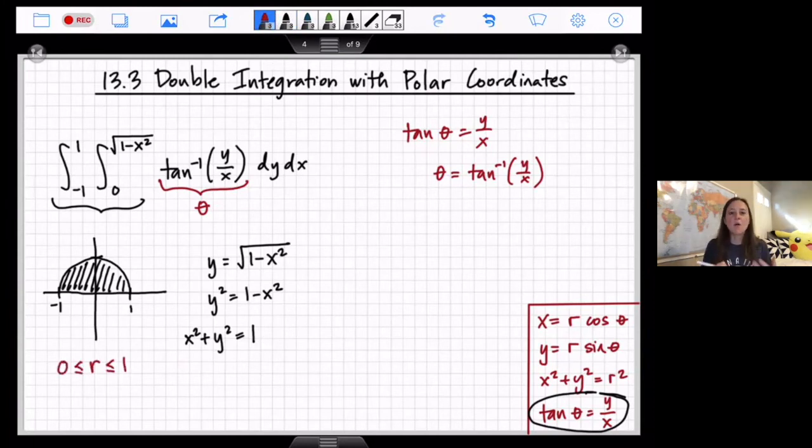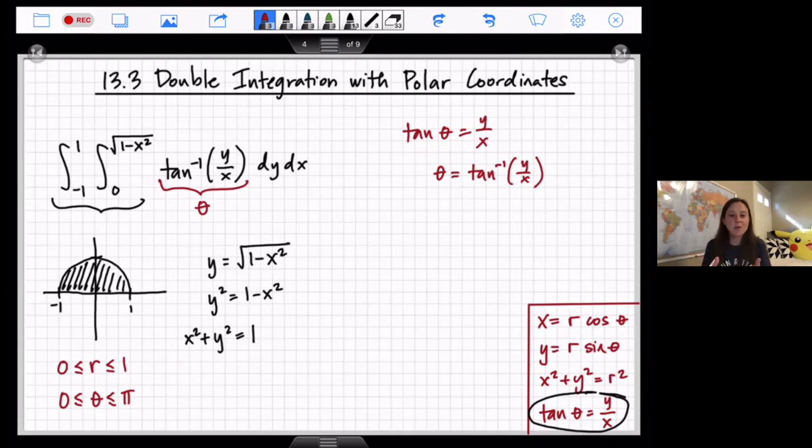And then it's all of the theta values that range from 0 to pi. So in rectangular coordinates, one of our variables has to be trapped between a number and a function of the other variable. In polar coordinates, both of our variables here, r and theta, are trapped between two numbers. We know that integrals are much nicer when we just have number limits on our integrals.